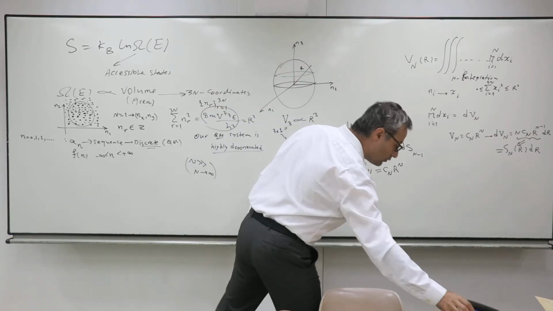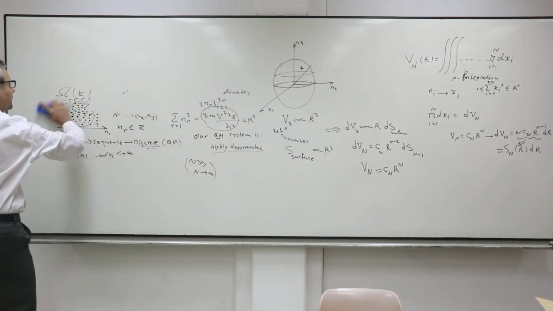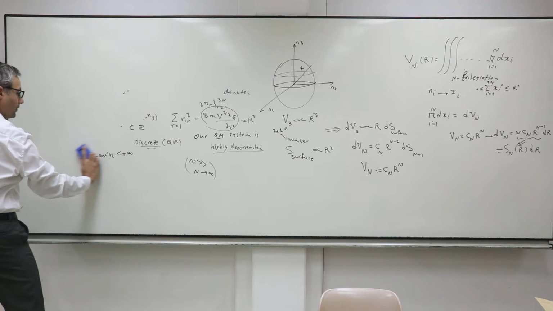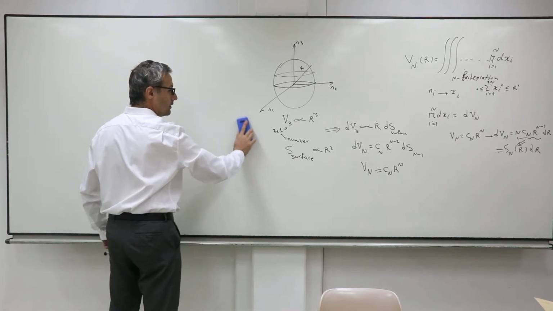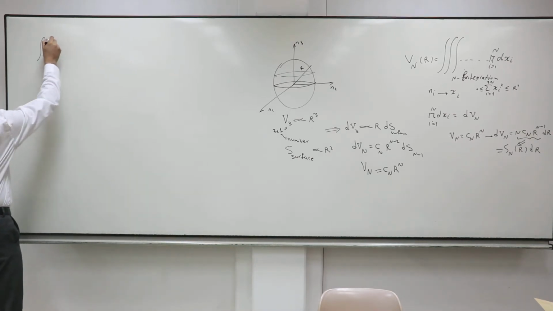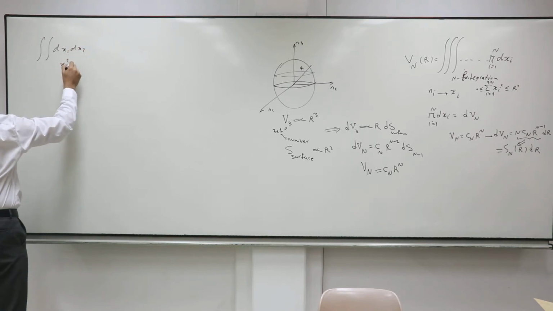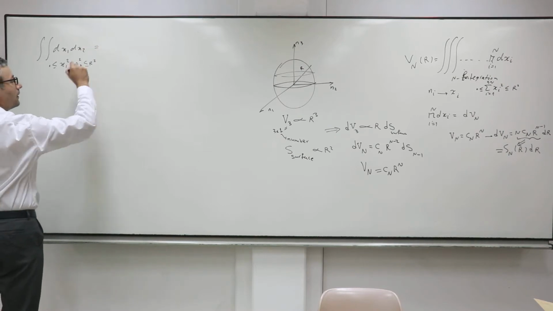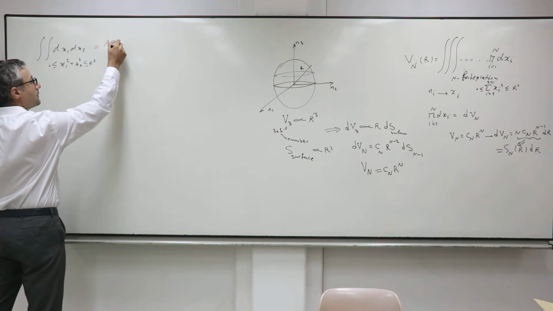If you have two coordinates, you know how to make the integration. Of course, it's very easy to do the calculation if you have just two. If you wanted to do dx1, dx2, restricted to x1 squared plus x2 squared less than R squared, this is actually the area of the disk, not volume.